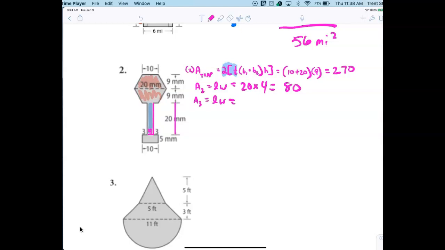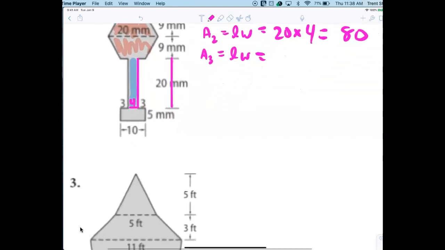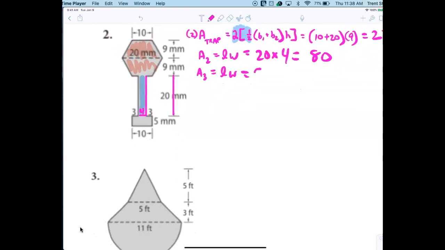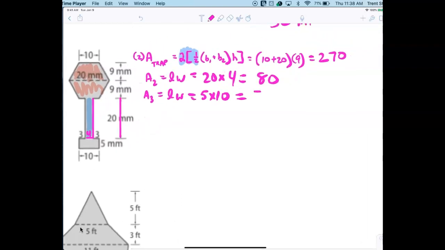Okay. So, Jackson, the bottom rectangle. 5 times 10. You are amazing. 5 times 10, which is 50. So the area of that shape is how much?